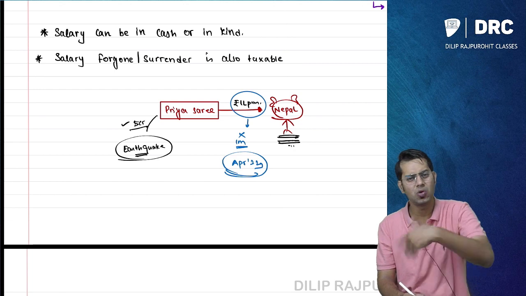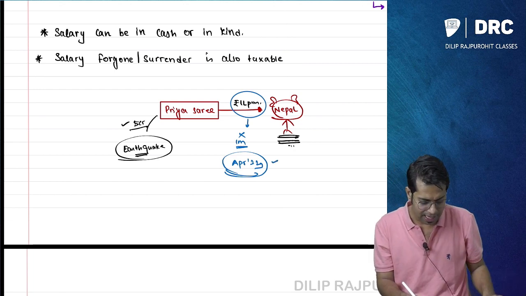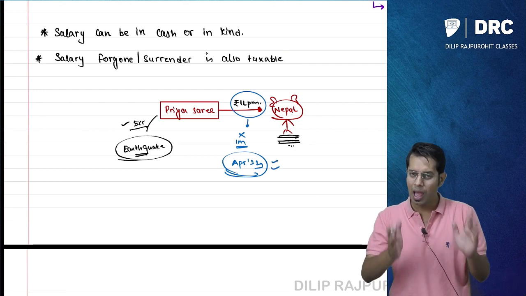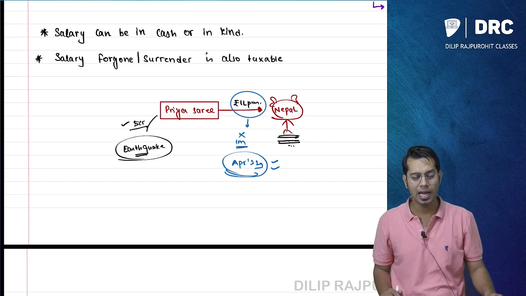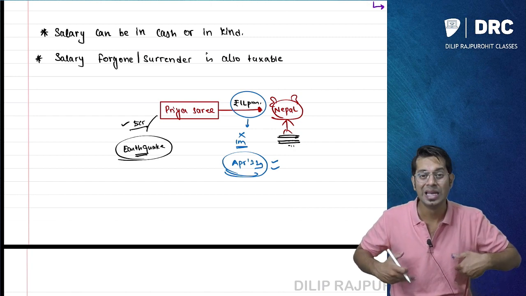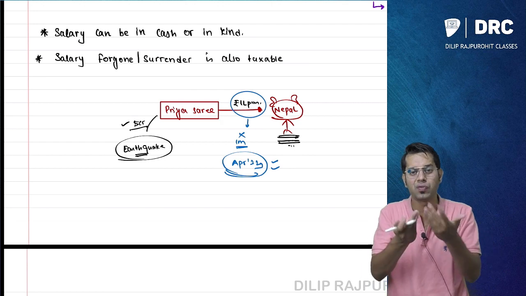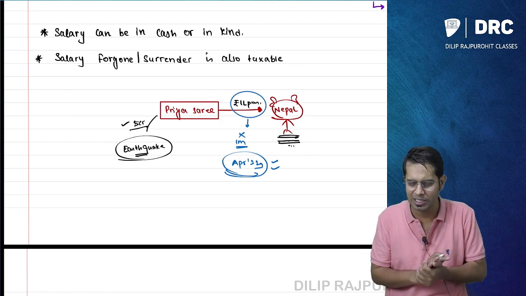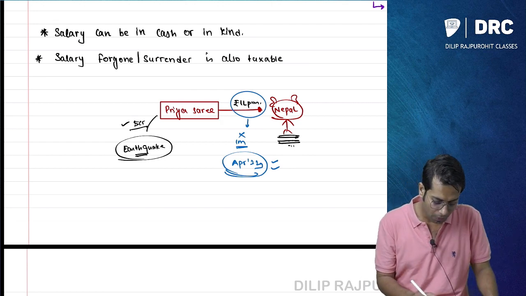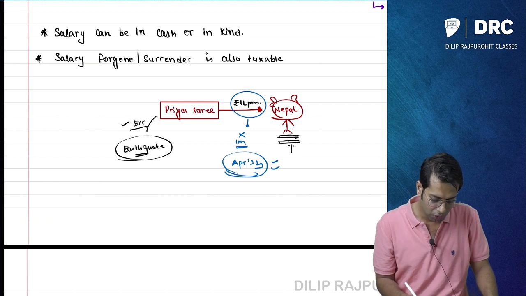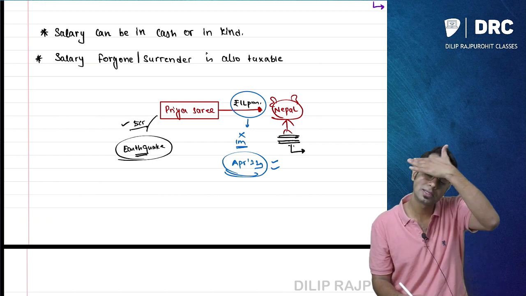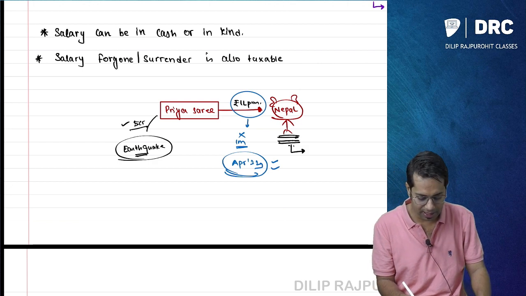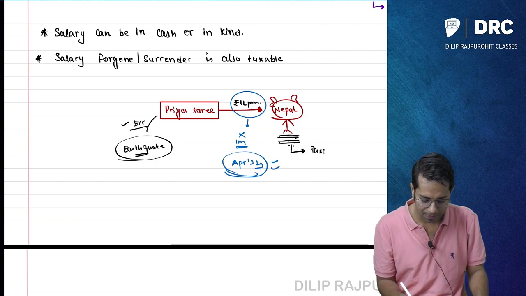I am going to work for you, but I am not going to take this salary. What is he doing? He is surrendering his salary, he is foregoing his salary, he is telling that he does not require salary for this particular month. Now, please note, though this person has surrendered the salary, it will be taxable in his hands.